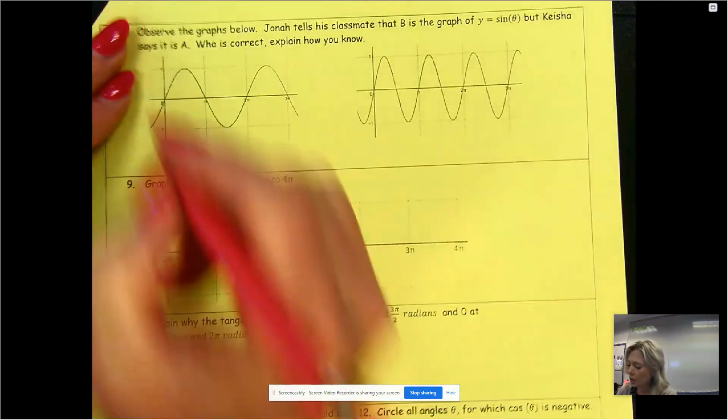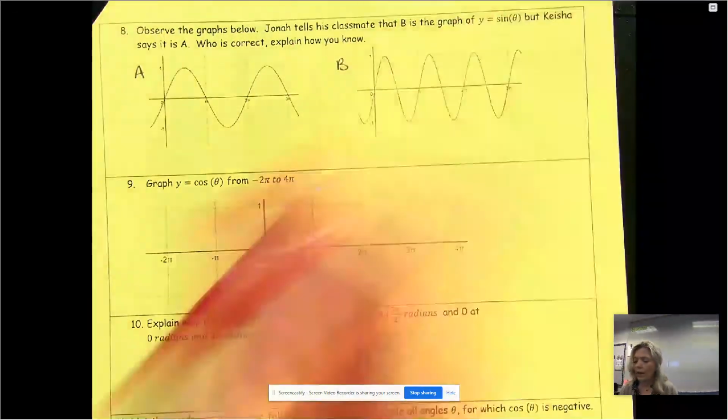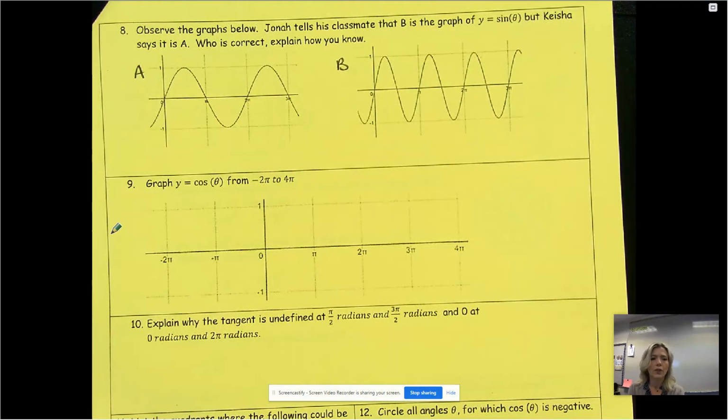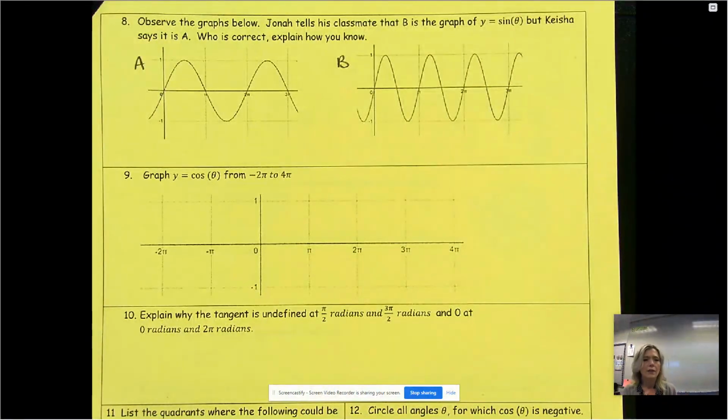Number 8, this should be labeled graph A. This should be labeled graph B. You're supposed to determine which of those two graphs is the actual graph for the sine of theta. The sine of theta starts at 0, has a period of 2 pi, a maximum of 1, a minimum of -1.